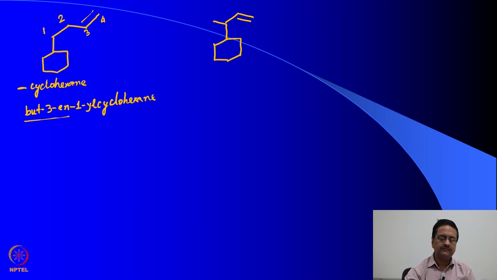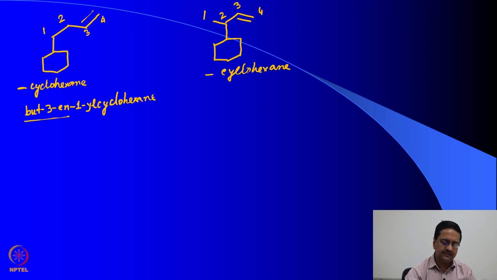So, using the same method for the next molecule, again we have a cyclohexane and a butene, but the connectivity is different. If we write it like that, 1, 2, 3 and 4, the connectivity is through the carbon number 2.